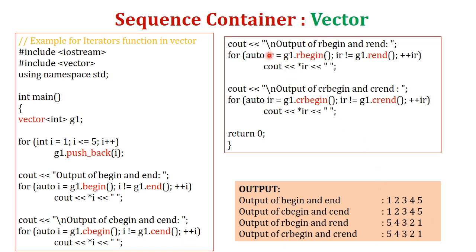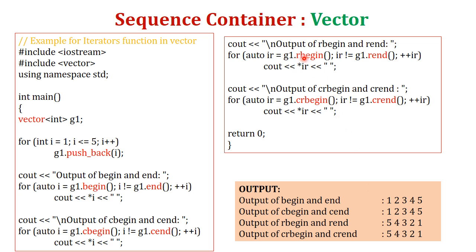And next we are going to show the output of the rbegin and rend functions. Now the for loop starts with rbegin. We are going to verify until r1.rend. So rbegin means it will start from the end, then automatically it goes in reverse order.